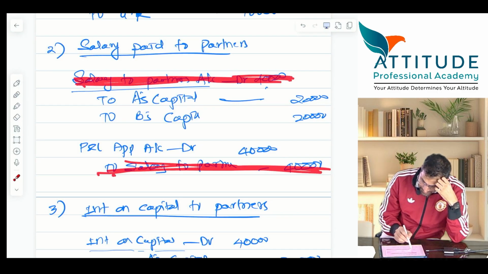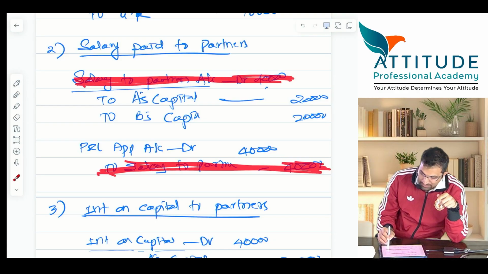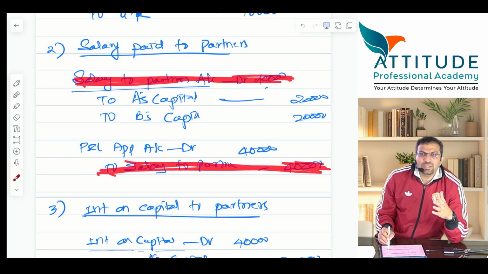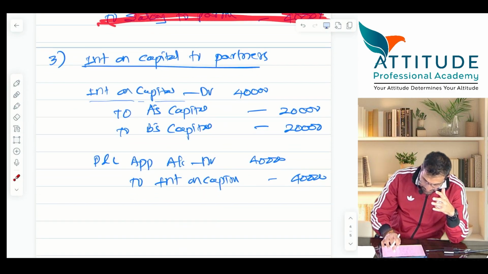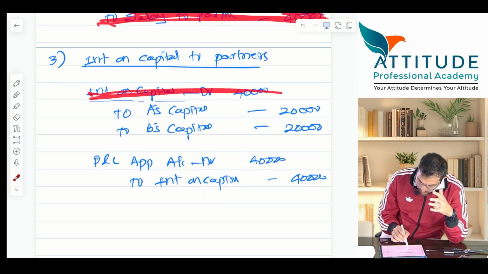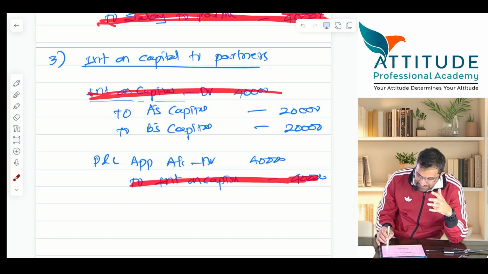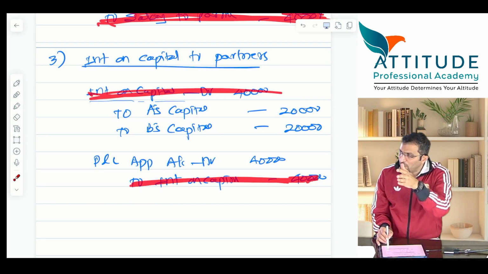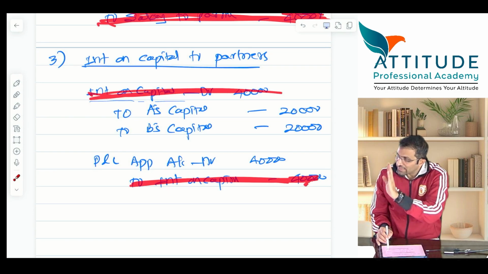Salary to partners debit, salary to partner what? Credit. बचा क्या? P&L appropriation account debit to partners capital. अरे yes or no? Come down here. Interest on capital debit, interest on capital credit. बचा क्या? P&L appropriation account debit to partners capital. It means that appropriation amount will go to what? Capital account only.